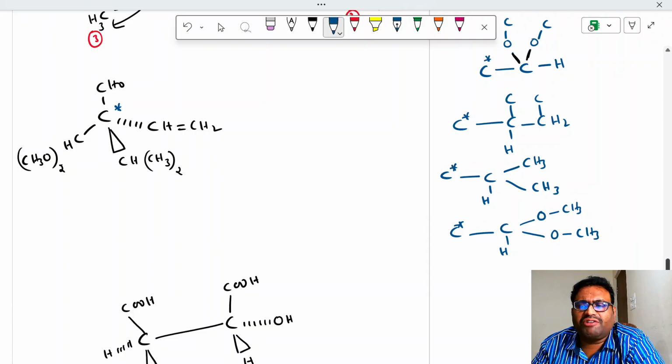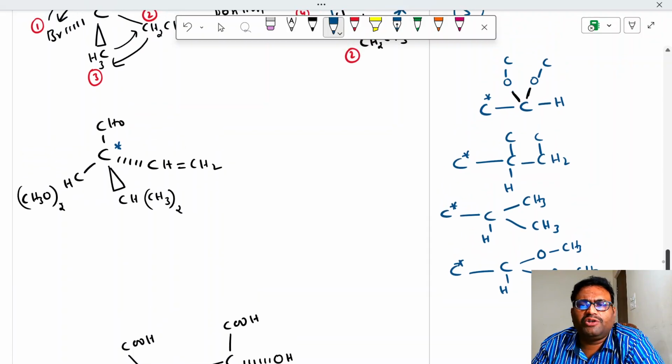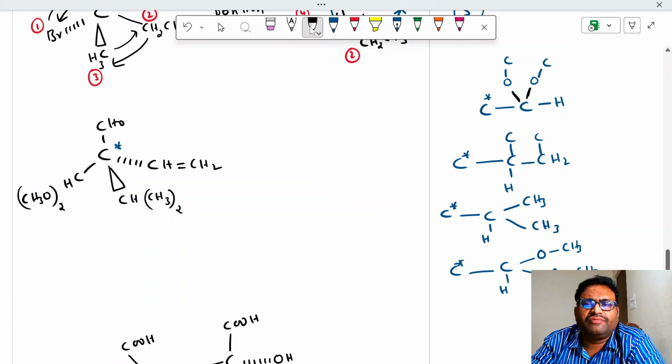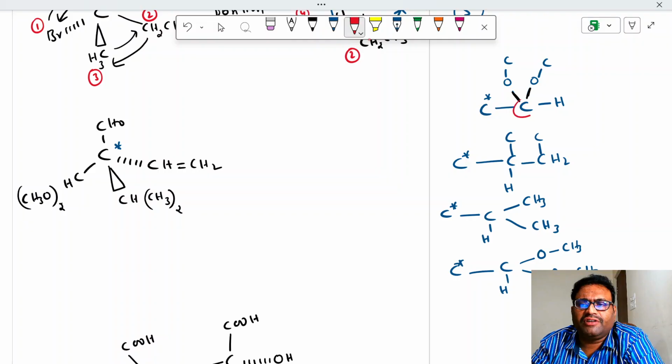Now, here it is somewhat typical to understand. Let us see here. Directly attached atom is first directly attached atom. First atom which is directly attached to chiral carbon. This one, this one, this one, one. All are carbons only.